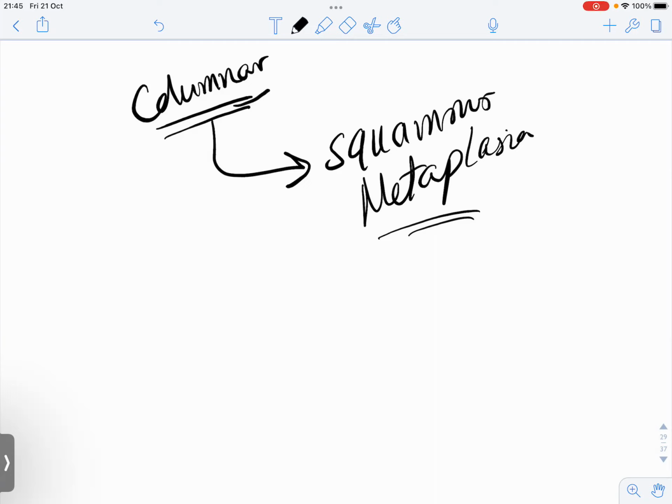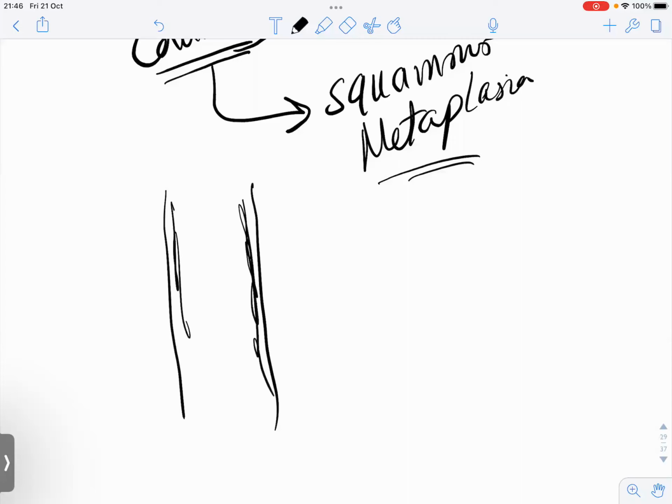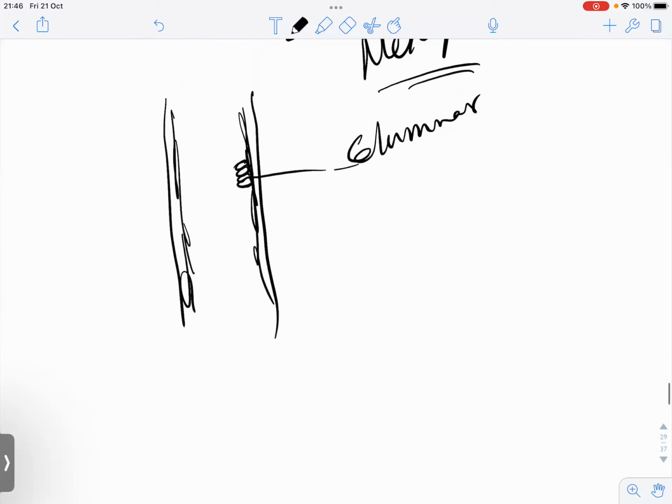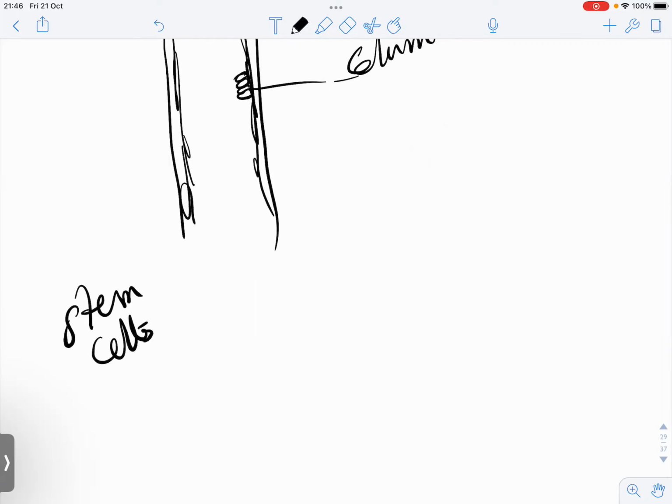And remember, a very important note. During metaplasia, here inside the bronchus, you have this columnar epithelium. Does the columnar epithelium itself transform into squamous? No. So what transforms into squamous? The stem cells, the mother cells which form columnar epithelium.